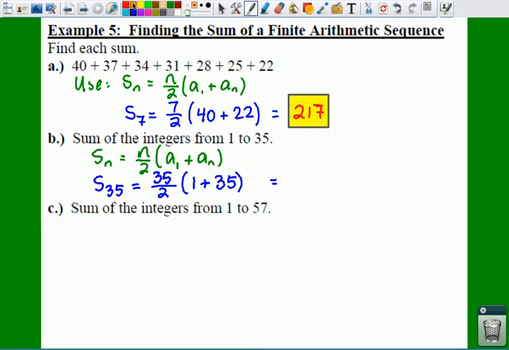See what you get for your sum. Yes, you did do this in 2 last year. This is a good way to finish up this year, right? You should get 630.